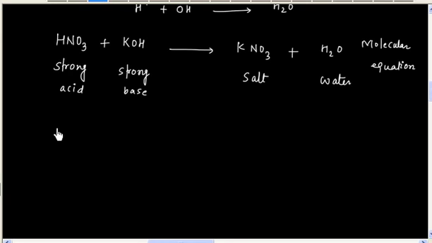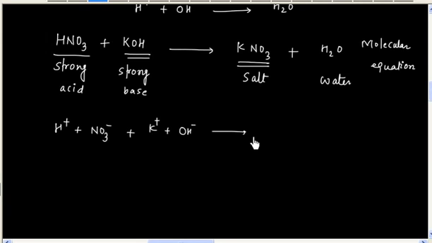Now let us write ionic equation. Since this is a strong electrolyte, we can write H plus plus NO3 minus, and this is also a strong electrolyte, we can write K plus OH minus. KNO3 is a strong electrolyte, K plus plus NO3 minus, and H2O is a weak electrolyte, so we cannot ionize H2O. This is ionic equation.